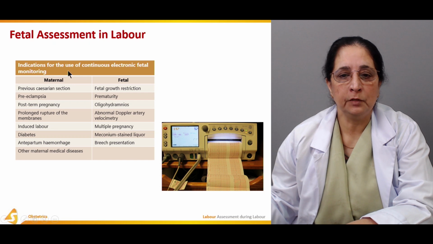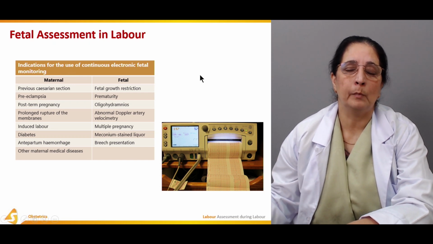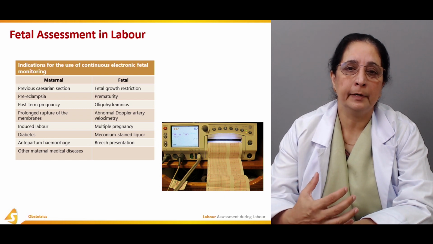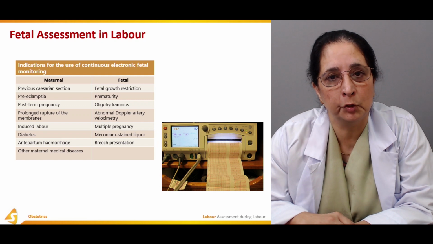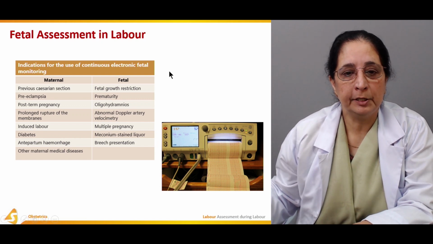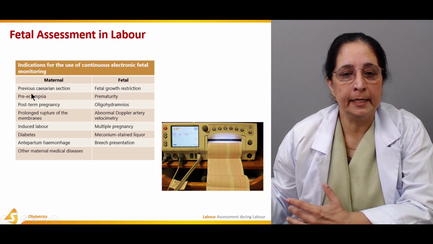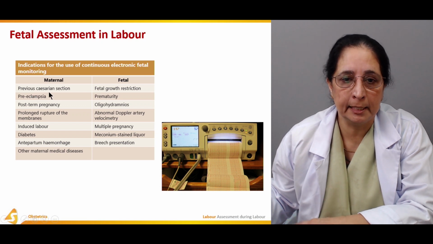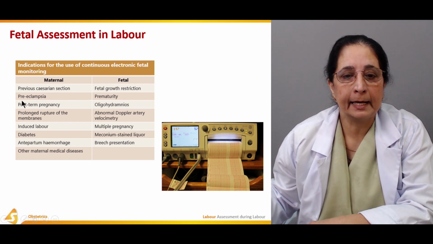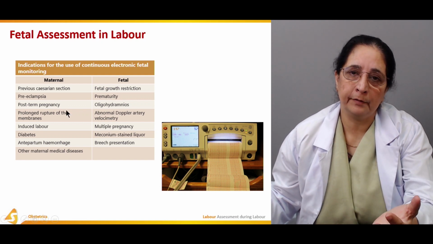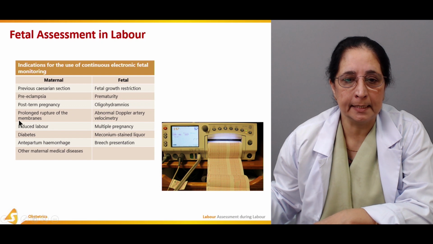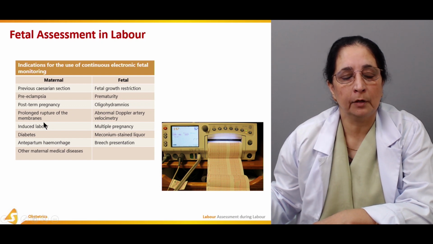Again, indications for the use of continuous electronic fetal monitoring. What are some conditions in which continuous electronic monitoring should be done? The maternal indications are any history of previous C-section, pre-eclampsia, post-term pregnancy, if it's after 40 weeks, prolonged rupture of the membranes.